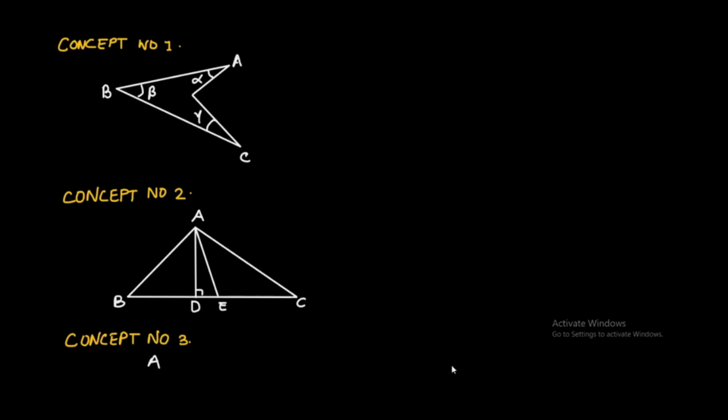Here I would today discuss a few concepts related to the chapter lines and angles. If we talk about concept number 1, in this type of question, if this type of figure has been given, then you have to find this angle. Then you have to use this formula: x equals alpha plus beta plus gamma.